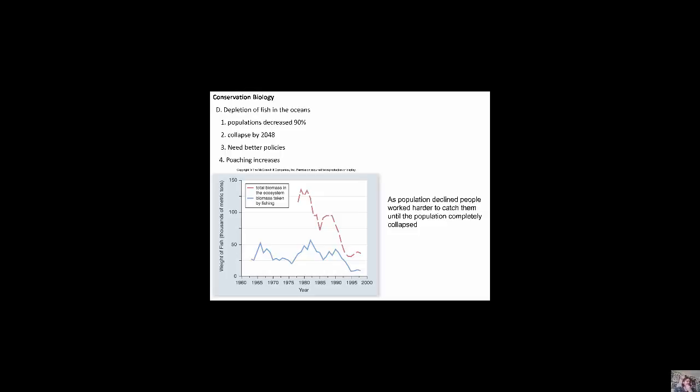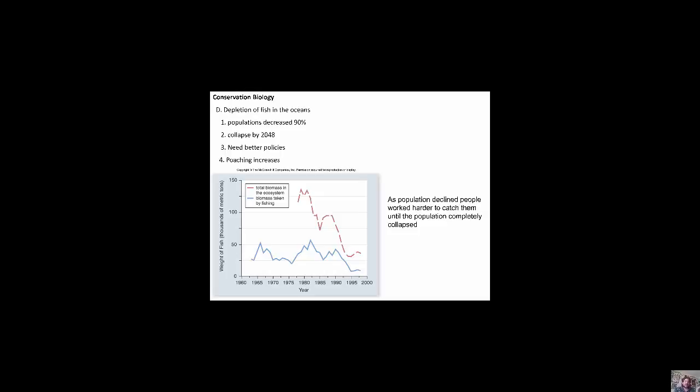So a surprising number of these large stock fish, especially sharks, are K-selected, where they have few offspring, and it takes them a long time to mature. So, you know, the level of fishing is pretty awful.